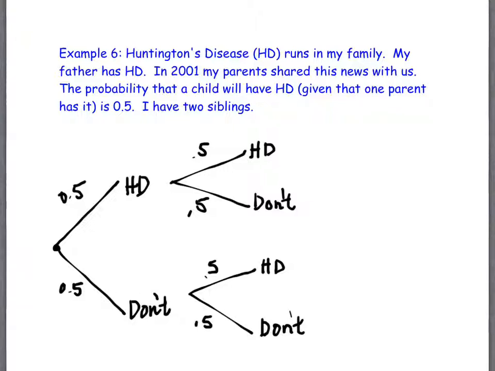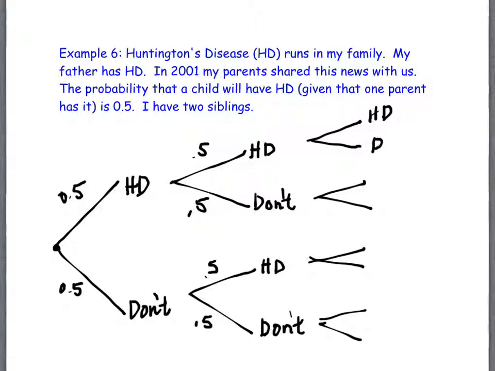Okay. I have a third sibling, my brother. My brother is the third set of branches on this tree. So the third set of branches, of course, match the same as the other ones because the probabilities are the same. We either have it or we don't.